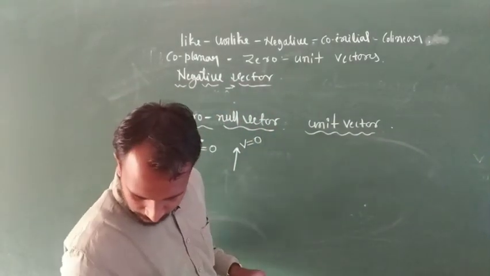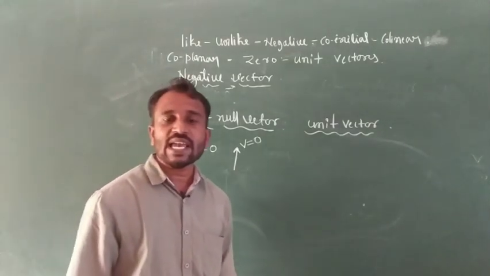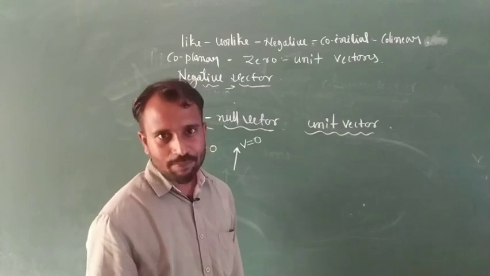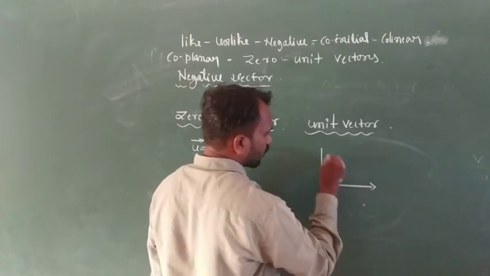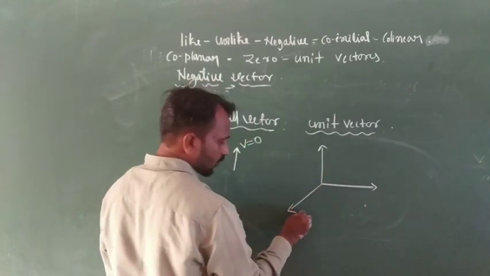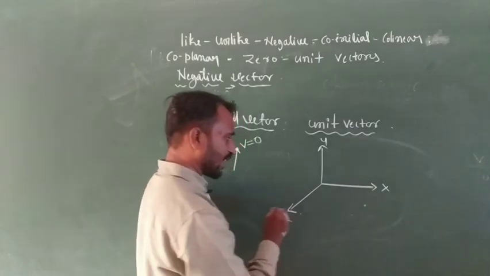For example, in unit vectors, we consider the x-axis, y-axis and z-axis.